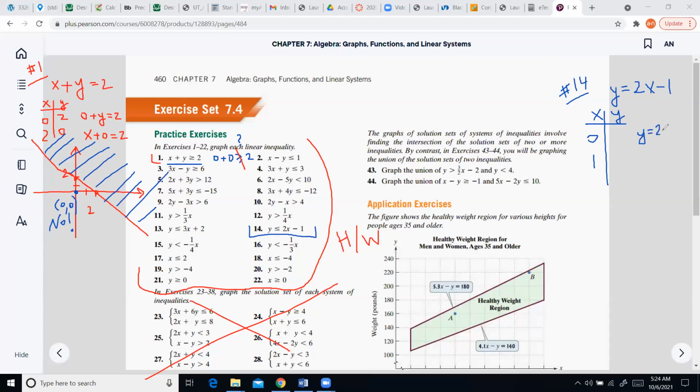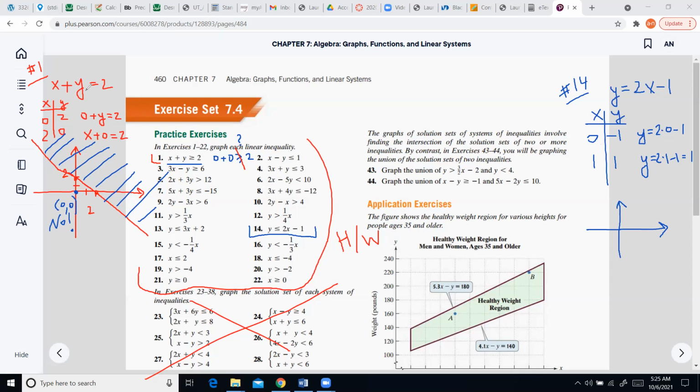Just look at why this is more convenient. When I use 0 for x, I find y right away, it's -1. And notice if I use 1 instead of x, it's also going to be very convenient, because I subtract 2 and 1 and I get 1. So when y is on one side, it's better to utilize points such as 0 and 1 for x.